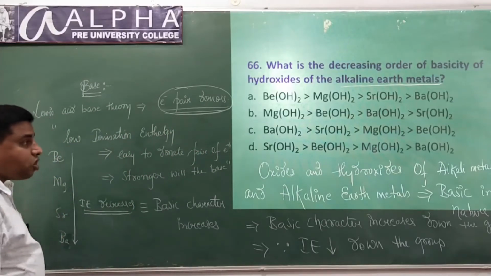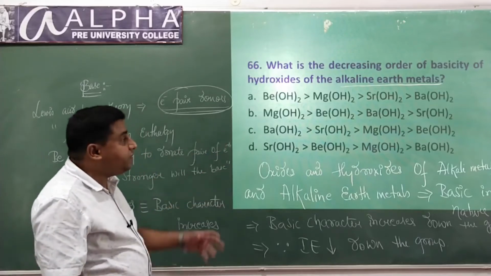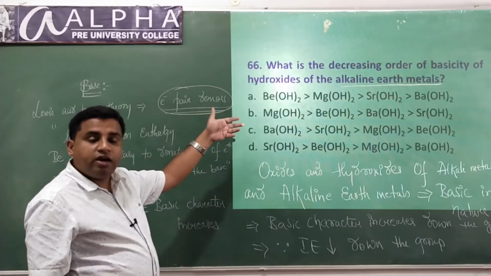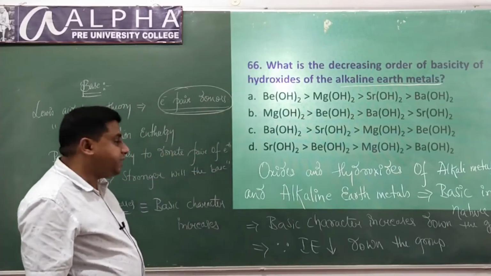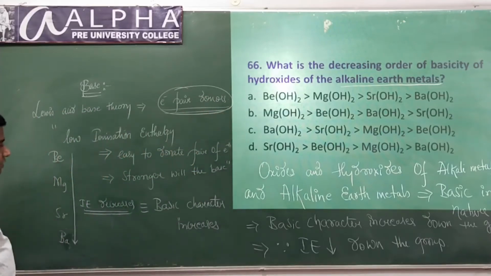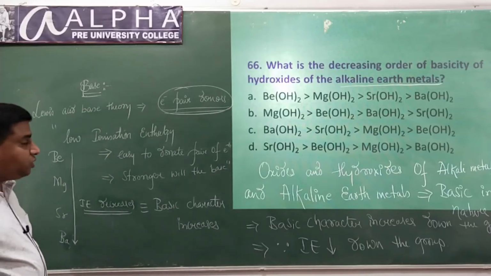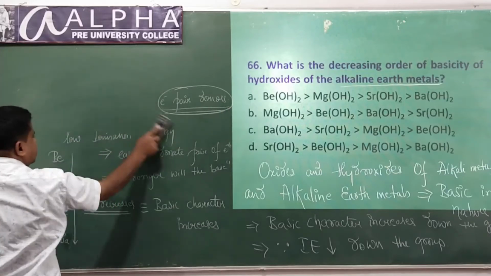Okay, so which is a strong base among these hydroxides? They have given hydroxides. Oxides and hydroxides are both strong bases. So down the group, the basic character increases. Which hydroxide is a strong base?